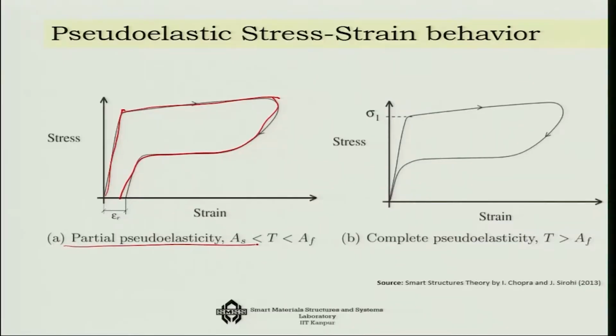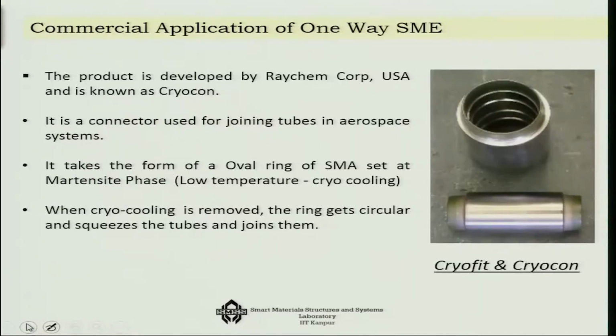The difference between the two is that for complete pseudoelasticity you start from 0 and then you can come back to the 0 strain level almost itself. That is complete pseudoelasticity. If the temperature remains between AS and AF, then you get partial pseudoelasticity. If the temperature is greater than AF, then you get complete pseudoelasticity in the system.